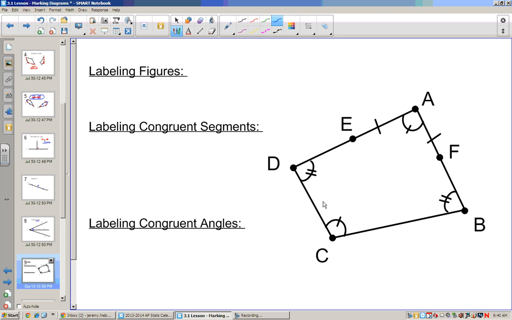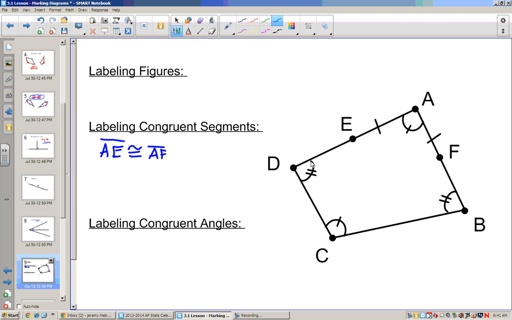All right, now when we're labeling figures, here we have a figure over here, and let's label the congruent segments. Well, we know these two segments are congruent, so you can say AE is congruent to AF. Now it says label congruent angles.